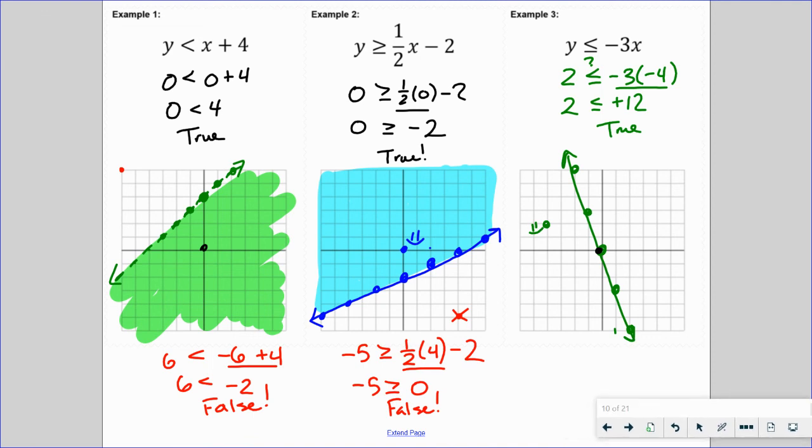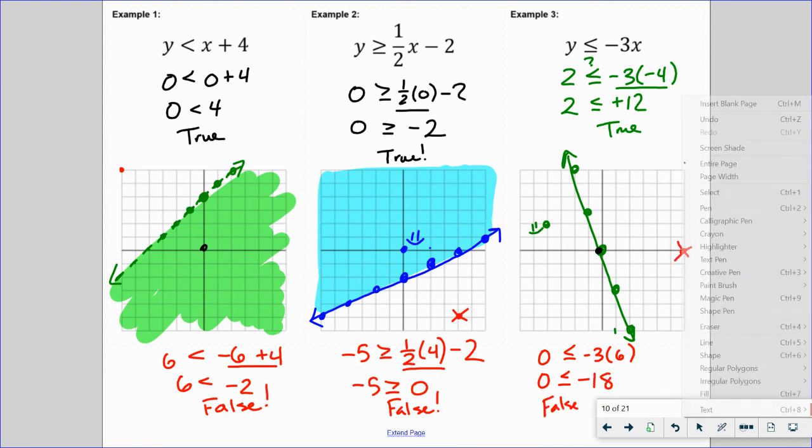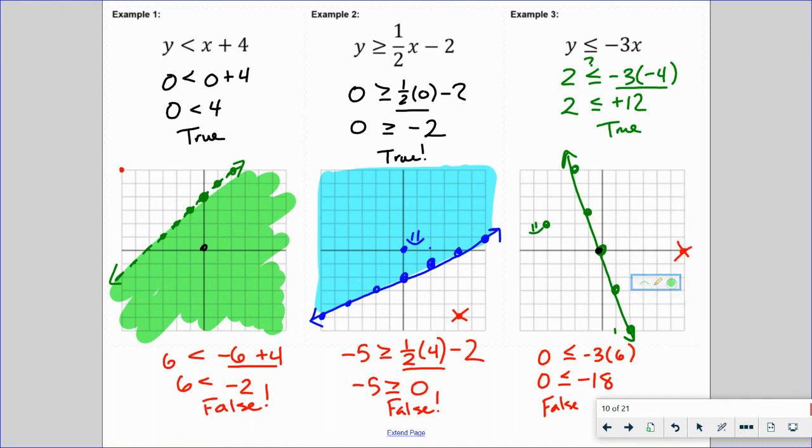Meanwhile, we're going to check the other side just to make sure. I'm going to try 6, 0, substituting in 0 for y and 6 for x. We get a statement that is certainly false, which verifies that all the solutions to this linear inequality are going to be over here, below and left.